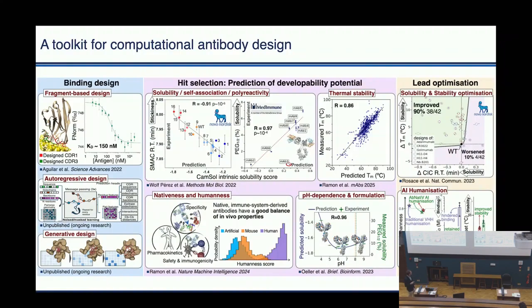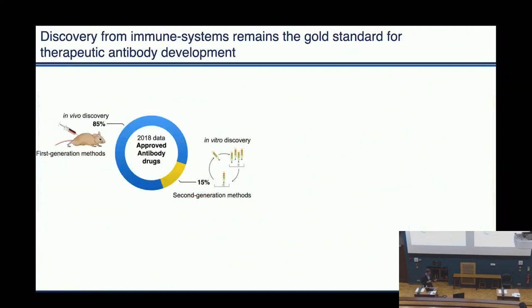And finally, in the yellow shading, we have what I call methods of lead optimization. So here you would take an antibody as an input, maybe something we design, maybe something that came from phage display or immunization, it doesn't matter. And these methods would predict mutations automatically that improve one or more traits, and I will also discuss these in more detail. Let me take a look at the time.